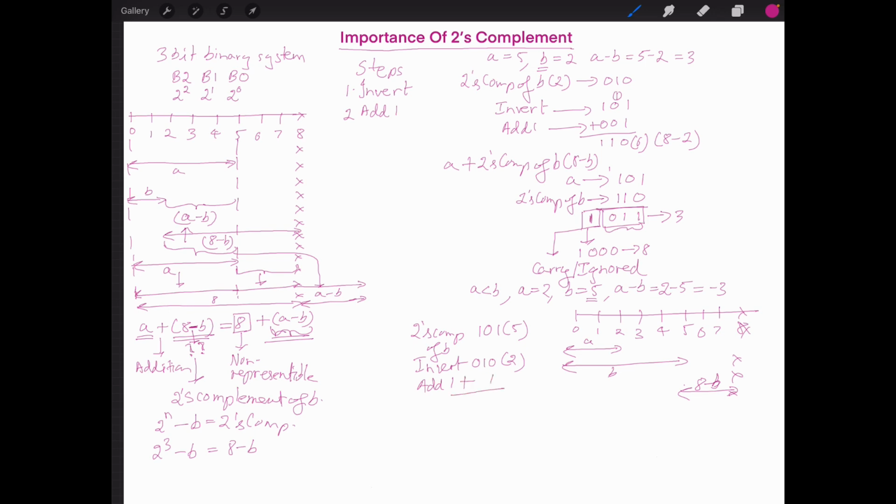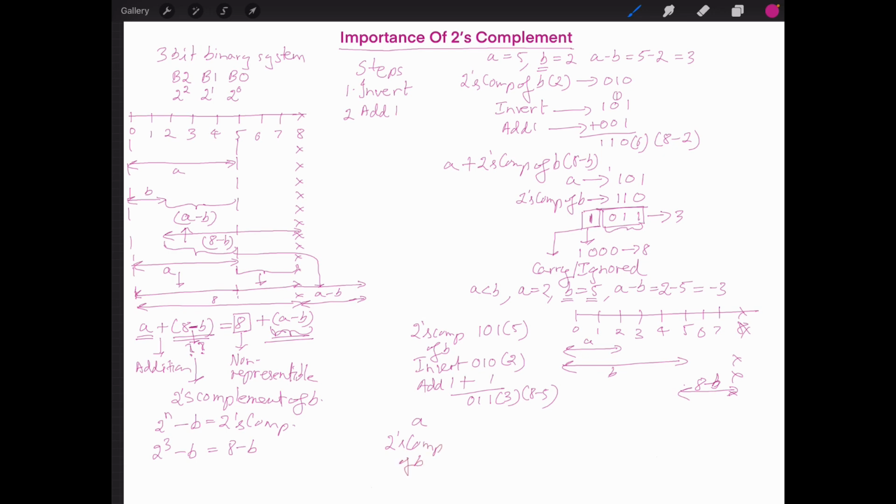So it becomes 0 1 1. You can see it is 3. So this is the 2's complement of B, which is nothing but 8 minus B, or 8 minus 5, right? And B is 5 here. Let's add A with 2's complement of B.